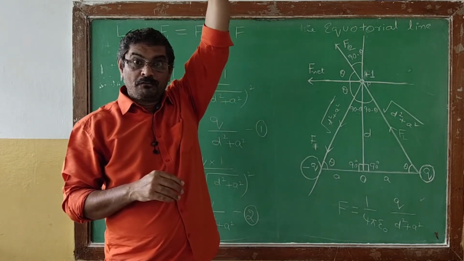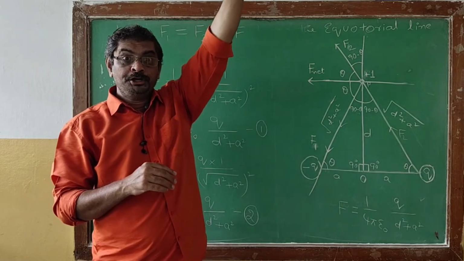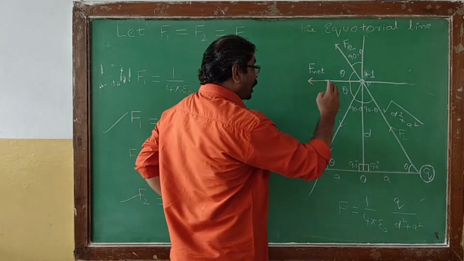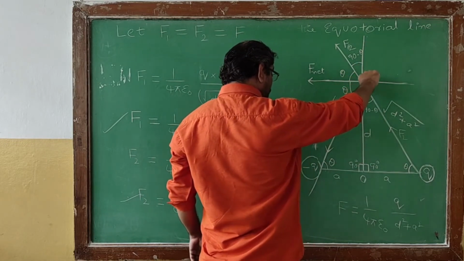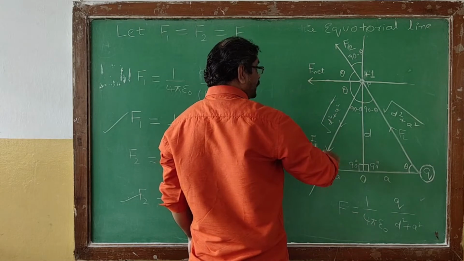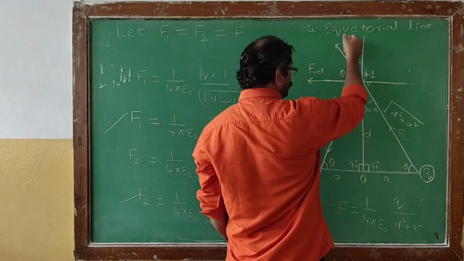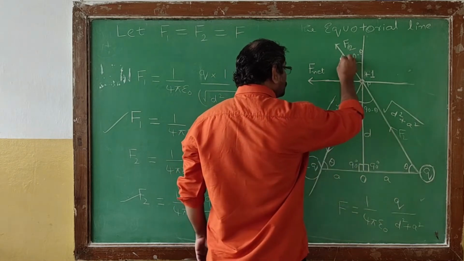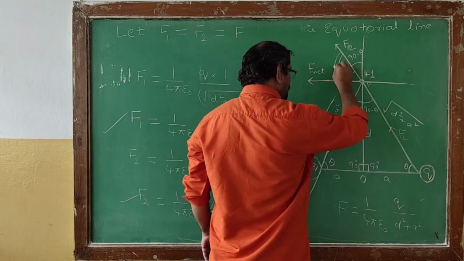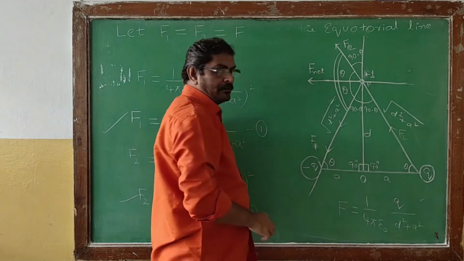First of all, we need to find the angle between F1 and F2, the total angle between them.